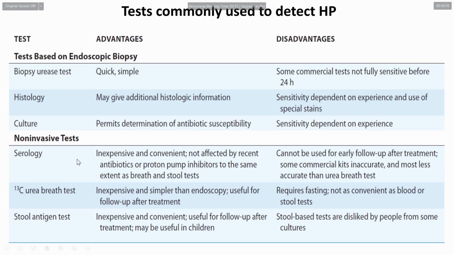So serology is for when you cannot do the antigen test for any reason, like PPIs or recent PPI use, or antibiotics or recent antibiotic use, but with one condition: you cannot do it if you have been treated for H. pylori once or more before, okay?